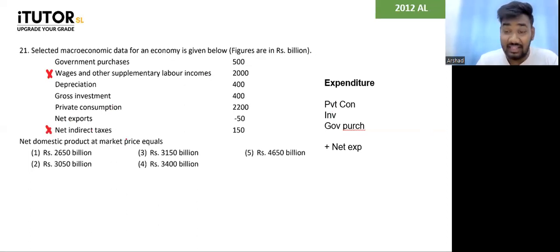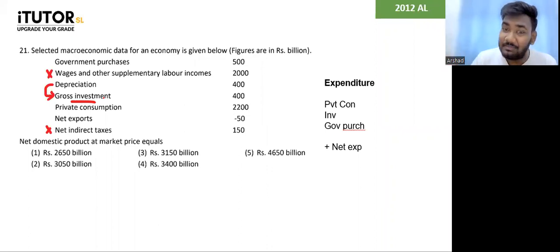Yeah. And then can you all tell me, guys? Now they have given us gross investment. Is depreciation already inside this or not? Yes or no? Is depreciation already included inside gross investment? It is included. Remember, if someone tells you gross, it means depreciation is already included.